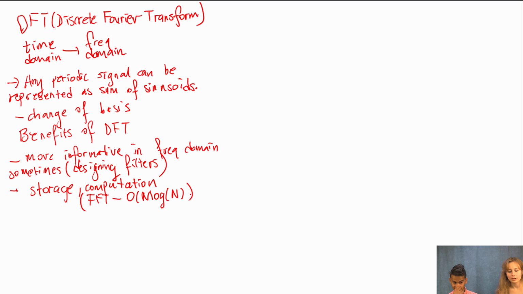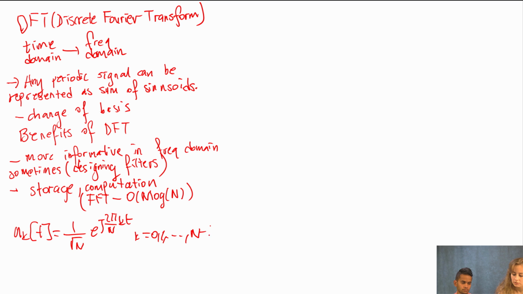Okay, so all right, we said it's a change of basis, so I guess we need to define what basis vectors we want to use. So we call them u_k[t], and let's say we are working with a length n signal, and then it would be a bunch of complex exponentials where k is going from 0 to n minus 1.